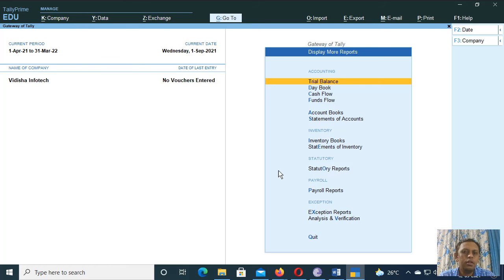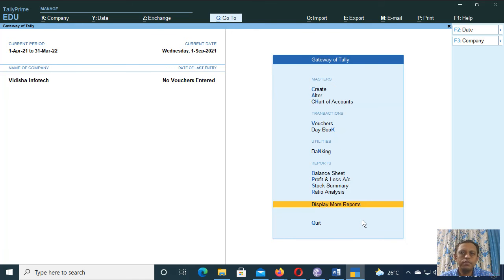Payroll keeps the records of all the employees, their payments, their salaries, the FDs, the RDs, the provident fund, and so on. And then exception reports and analysis and verification. So all of this is present, and we will be performing some of the actions throughout our Tally ERP 9 or Tally Prime tutorials.